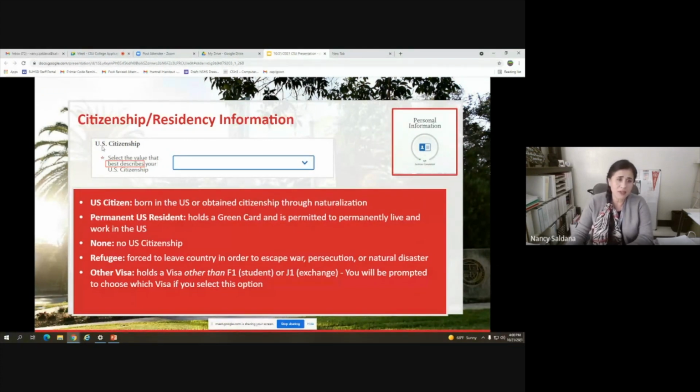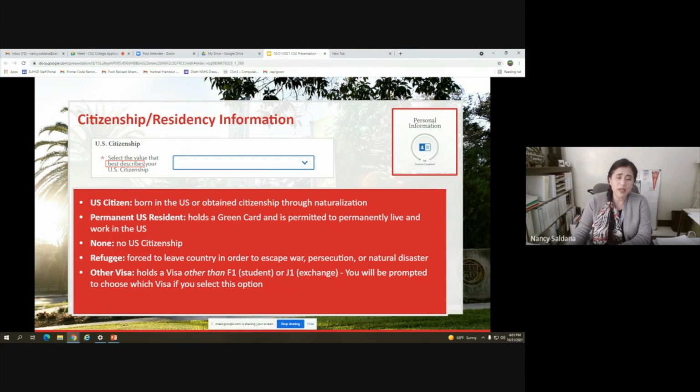They're going to ask you, what is your citizenship? If you were born in the United States, then you are considered a U.S. citizen. If you have a green card, then you are going to state that you are a permanent U.S. resident. If you were not born in the United States and you do not have a green card, then you are going to put none.